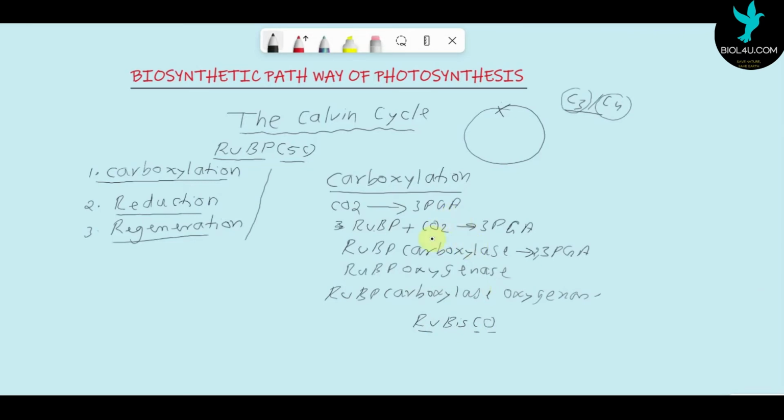So let us show this process in the form of an arrow diagram.